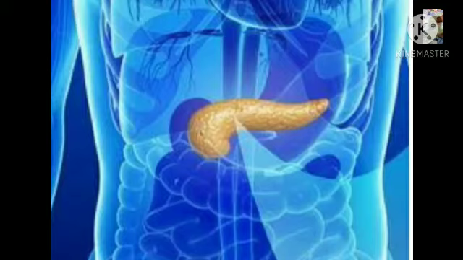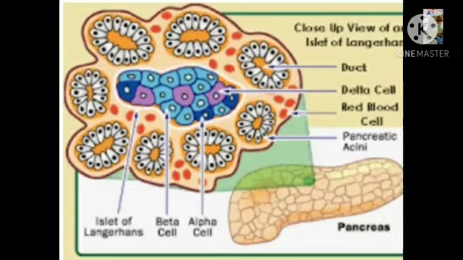It is a ductless gland because it has special groups of hormone secreting cells called islets of Langerhans, which are scattered in the entire gland. These cells produce three hormones: from beta cells insulin, alpha cells glucagon, and delta cells somatostatin, which are directly poured into the blood and not through any duct.